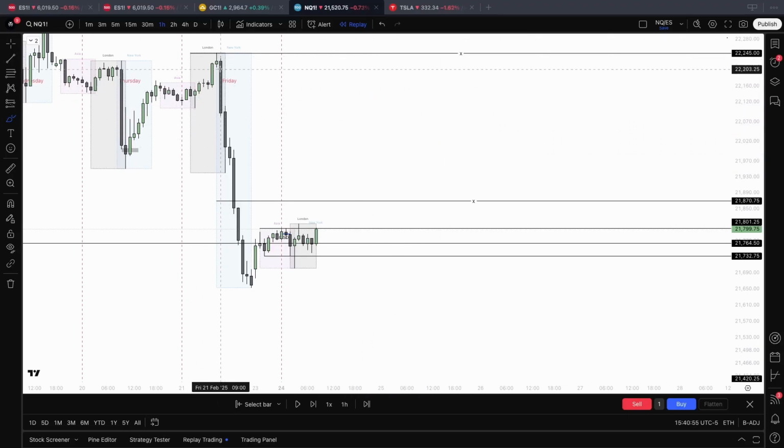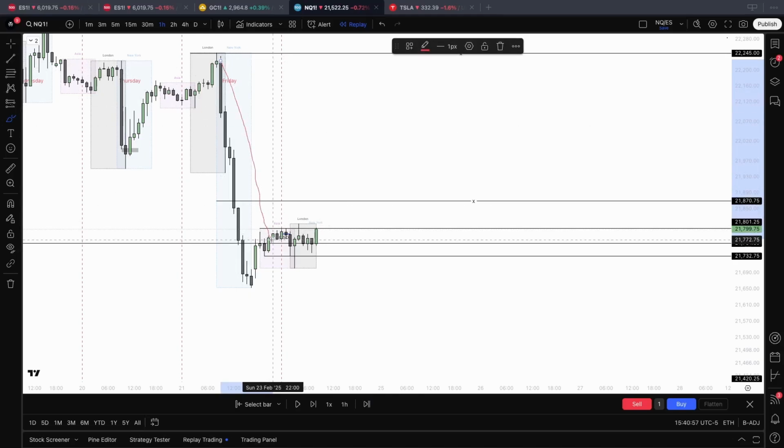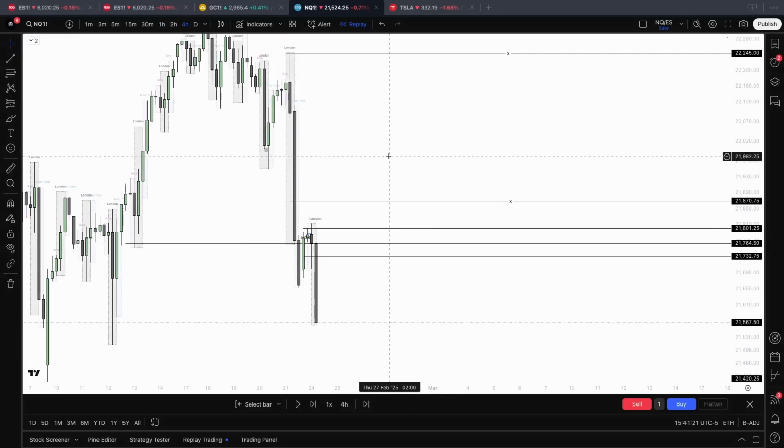Well, what we had seen here is we had this crazy continuation to the downside on the NAS, and then we see this period right here, exactly in this region with Asia and London, where we were creating this retracement period. I wasn't seeing a lot of confirmation from our bull side. We had a lot of downside movement from Friday's market.